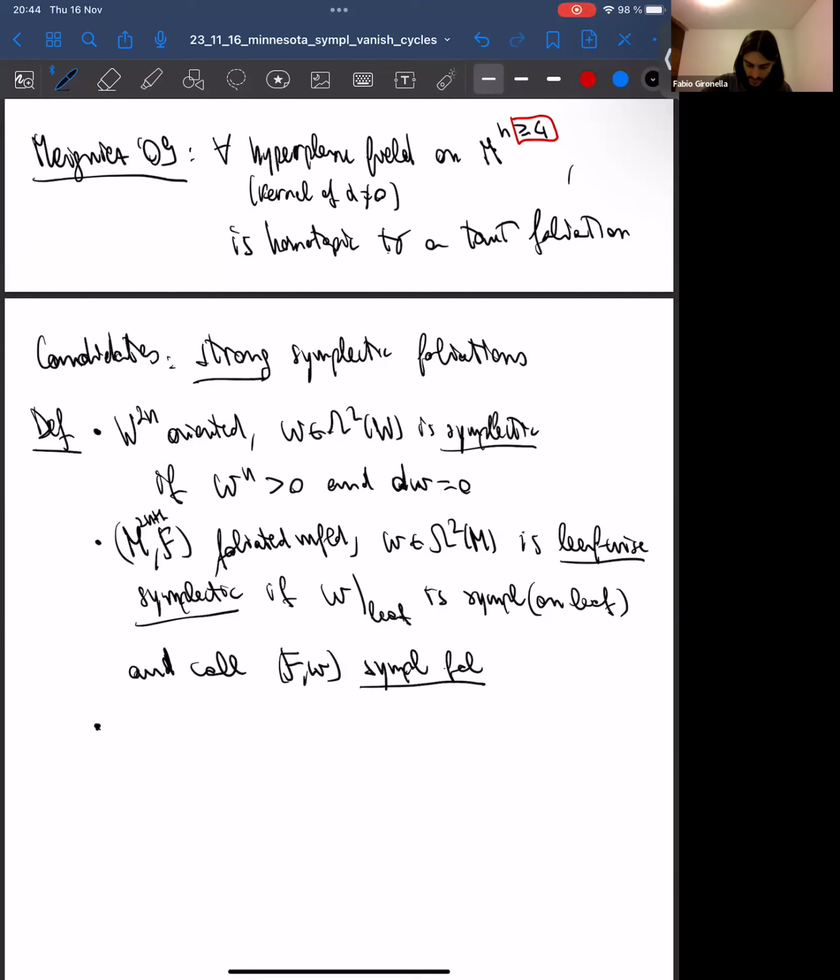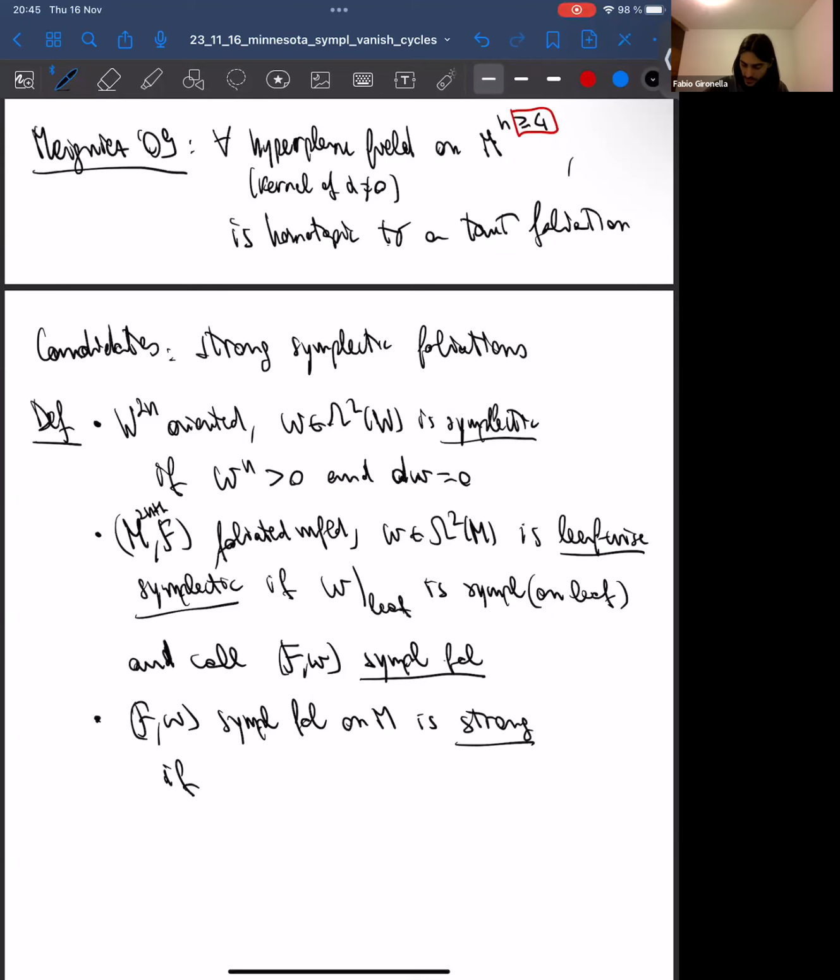Here on the top I wrote strong symplectic foliation, so let me define them. A symplectic foliation (F, omega) on M is strong if we have the additional condition that omega is closed on M. This is not included in the definition of symplectic foliation, because there we're just asking that omega on the leaf is symplectic.